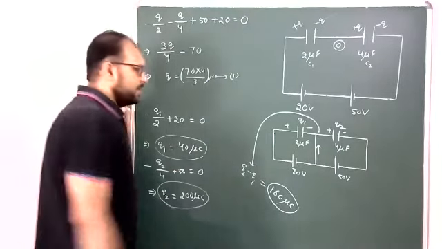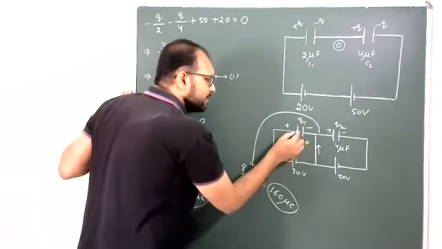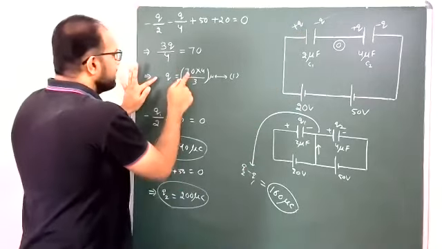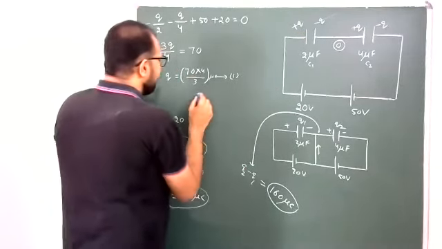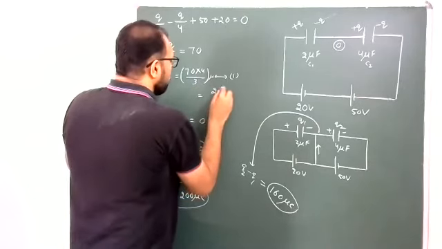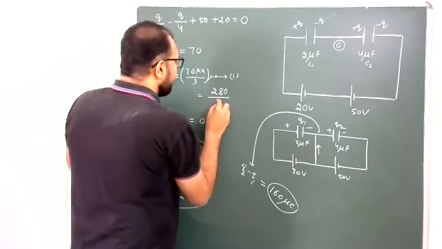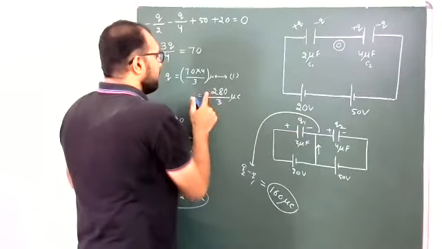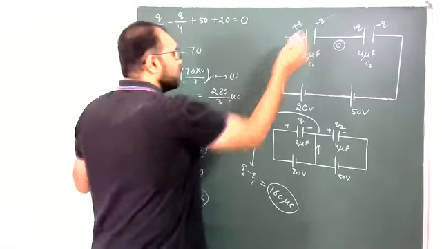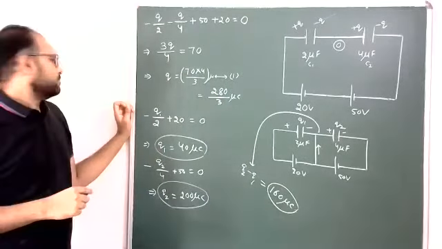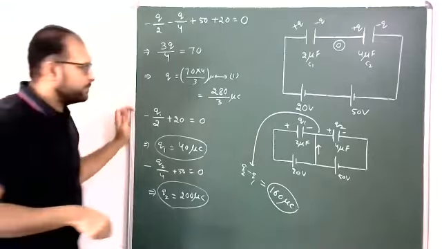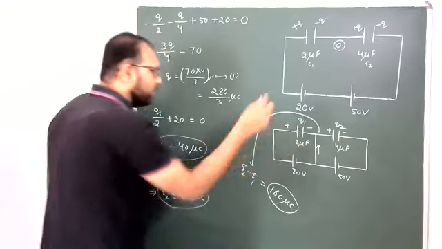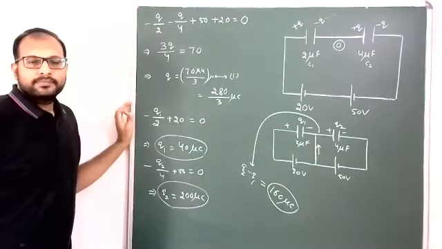Next, here at this point, how much charge was there previously? This is 70 into 4, that is 280 divided by 3 microcoulombs. But right now, how much charge Q1 here? 40 microcoulombs only.